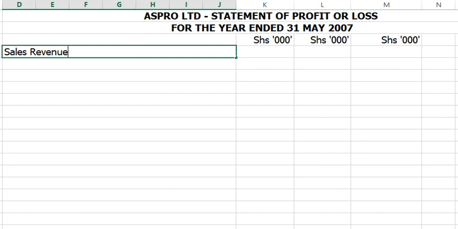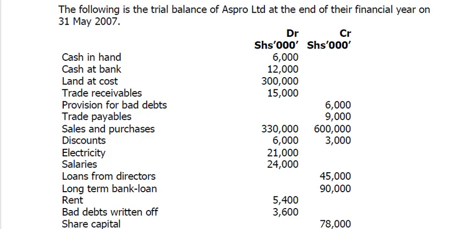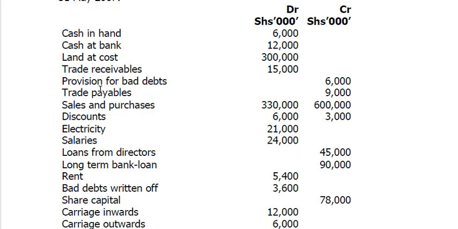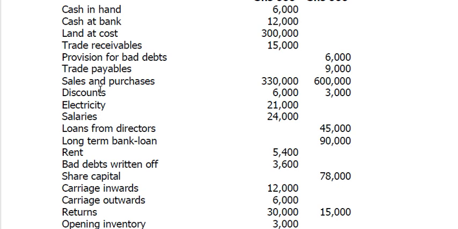So the sales revenue, we need to see how much is our revenue. Sales revenue, the sales. Now you have sales and purchases. They have started with sales first and then purchases. But for you, what you have to know is that the sales are always on the credit of your trial balance.